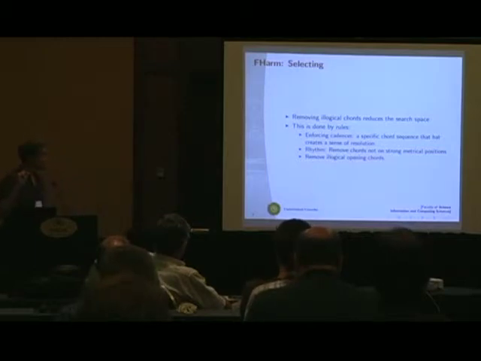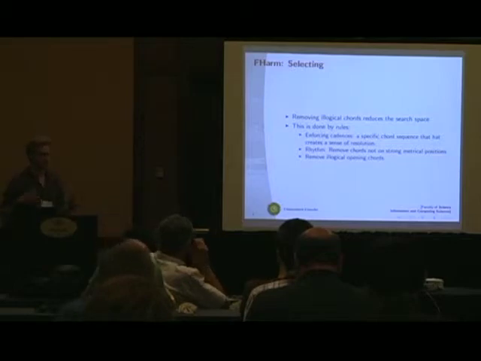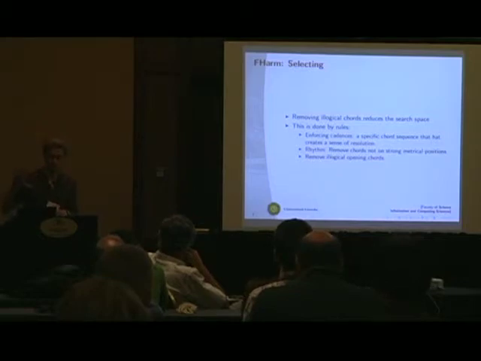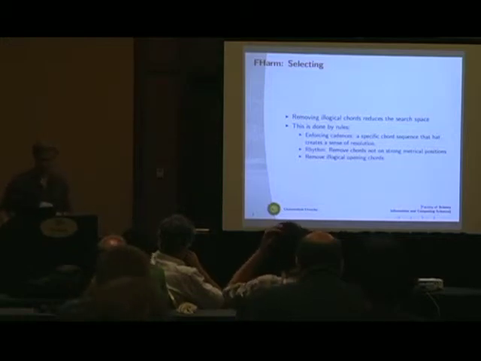So this is actually a parameter to FHarm, so you can choose how many strong metrical positions you'd like to have chords. And the third rule is that FHarm removes illogical chord openings, or opening chords. These are just chords that we know in advance are just bad to open a sequence with.